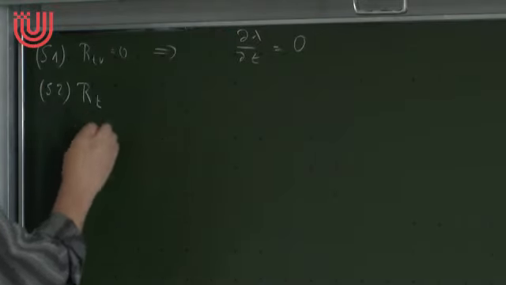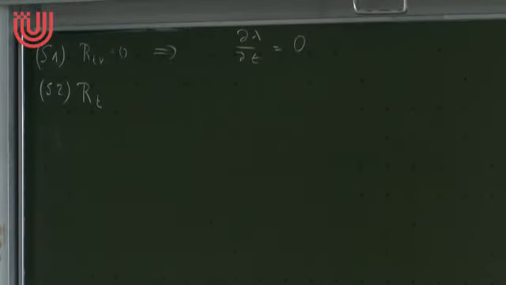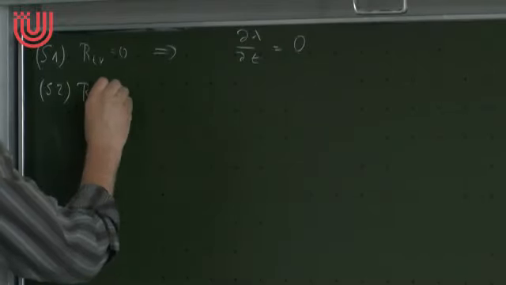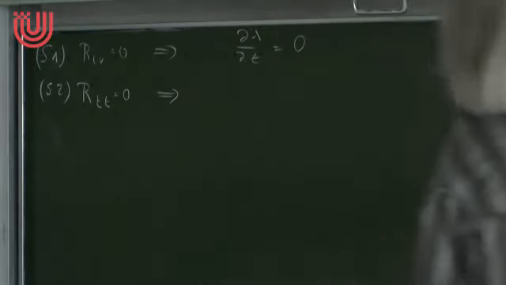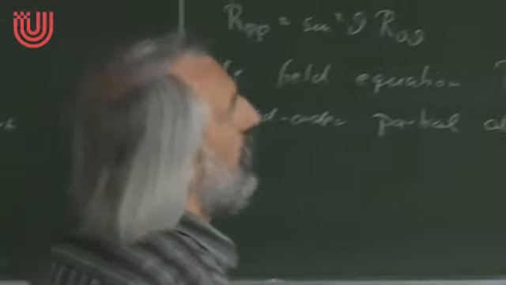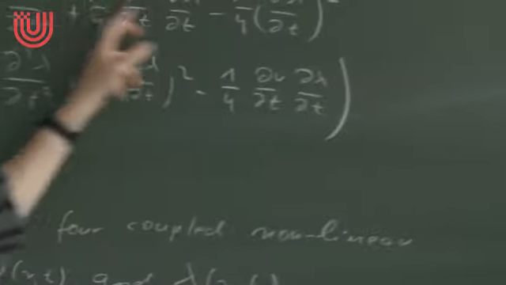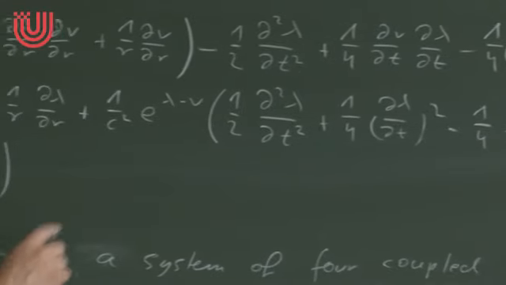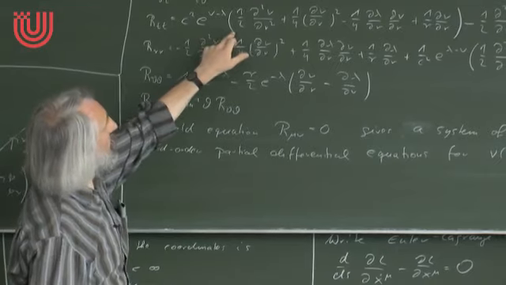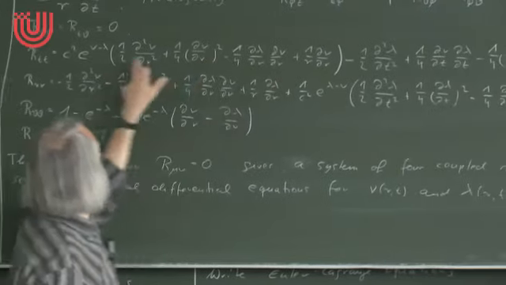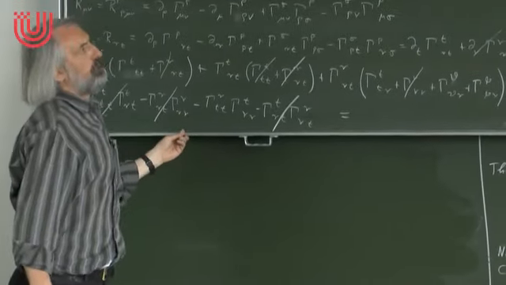So the next component would be R_tt, which I've written as the second one. So this is R_tt equals 0. You see, there are a lot of time derivatives of λ, so we can forget about them, because they are 0. So we have only to set this here equal to 0. It's of course non-zero, so just this round bracket here must be 0. And I think I can multiply it with 2, then it looks nicer.